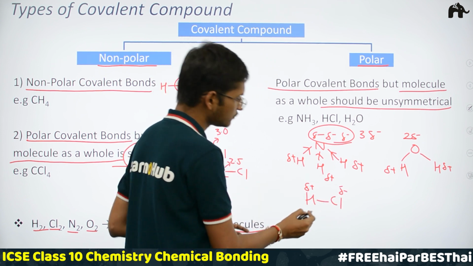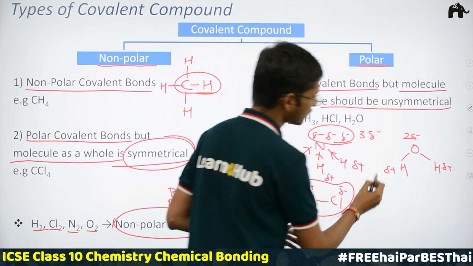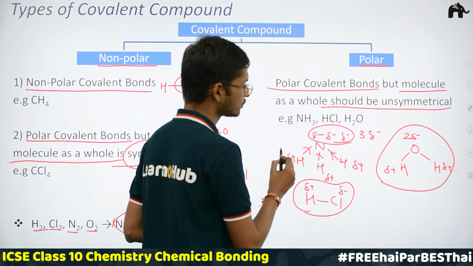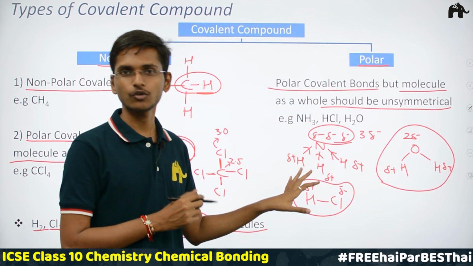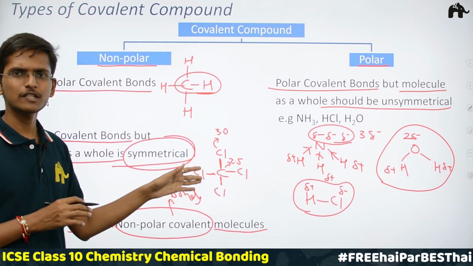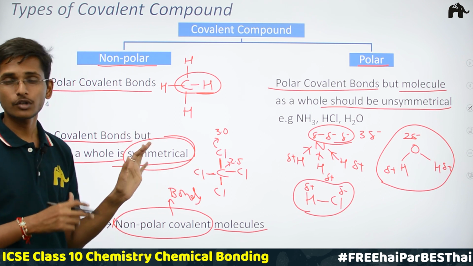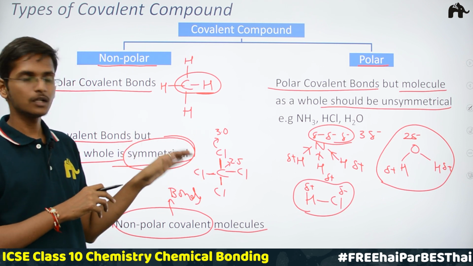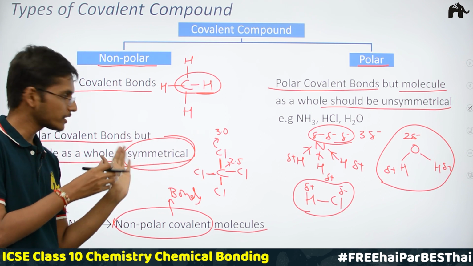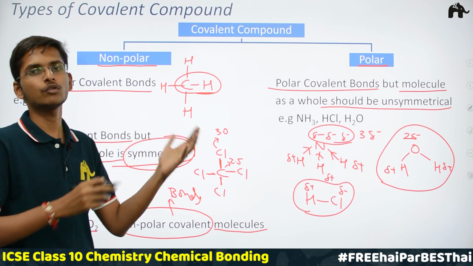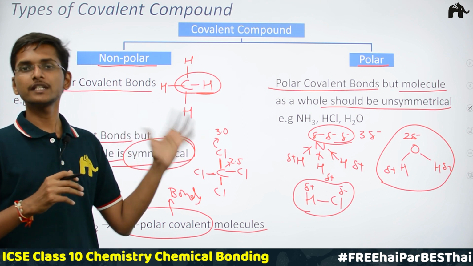Now don't try to figure out from the structures whether these molecules are symmetrical or unsymmetrical. As with CCl4, just remember it, because the concept required to explain this belongs to dipole moment and related topics, which you will study in higher grades.